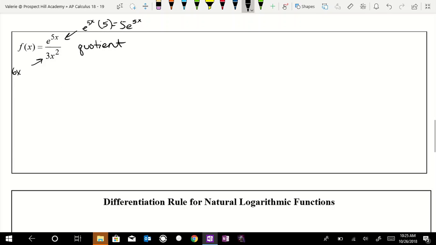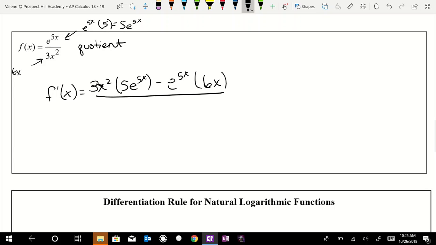So when we do our quotient rule to find f prime of x, we need low d high, so 3x squared times 5e to the 5x, minus high d low, so e to the 5x times 6x, all over the low squared.